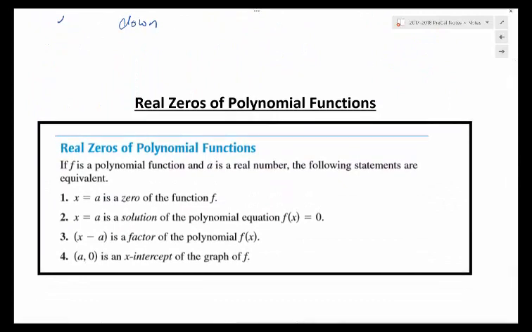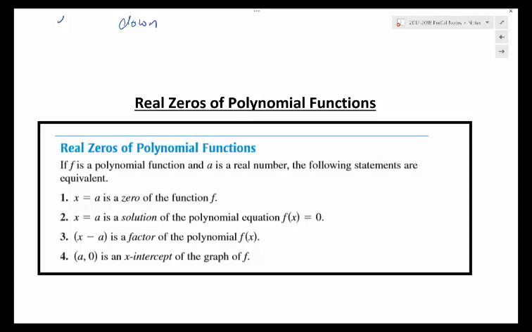If f is a polynomial function and a is a real number, then the following statements are true. If you reduce it to x equals something, that is a zero of the function, or a root. It is a solution of the equation. x minus that number is a factor, and that number, comma 0, is an x-intercept.